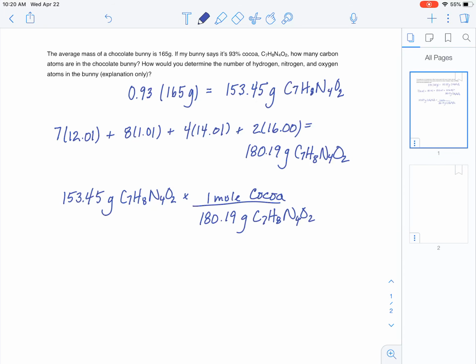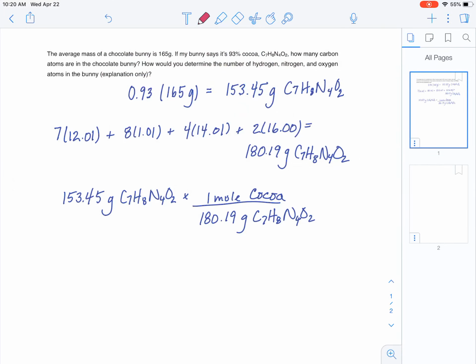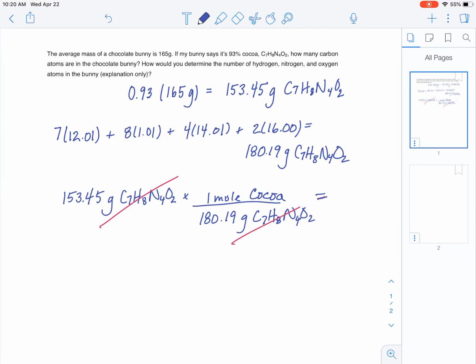Make sense? Hopefully. All right. So in this problem, the grams of cocoa are going to cancel, and we're going to get 0.85 moles of cocoa.